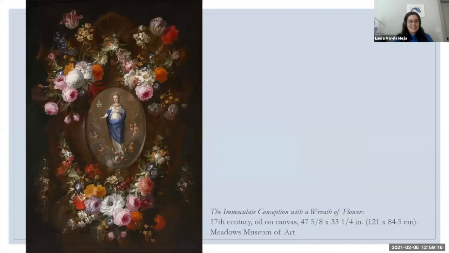So that is a tricky question, and you might have noticed this. It's anonymous. As far as I was able to see, the Meadows doesn't have a specific attribution, and that is one of the really big questions about it, because there's really no way for us to know, at least none that I know of personally. On the one hand, it could have been made by a Spanish artist following Flemish types and methods, or arguably prints that were made of other paintings that existed.